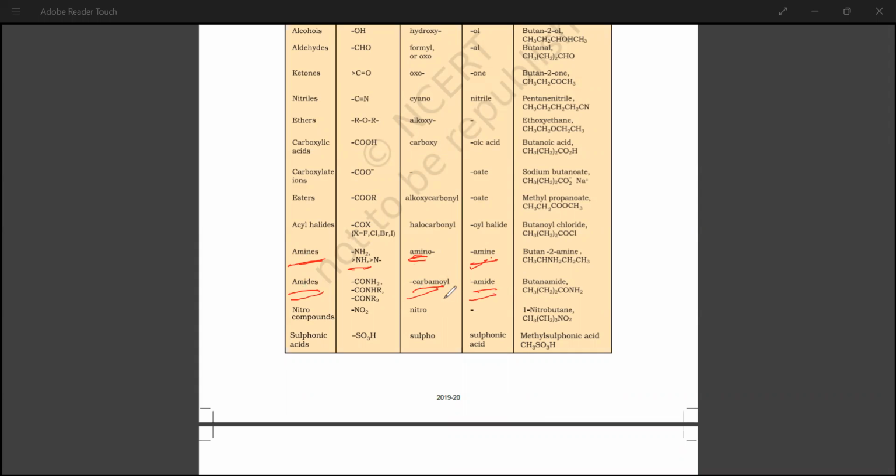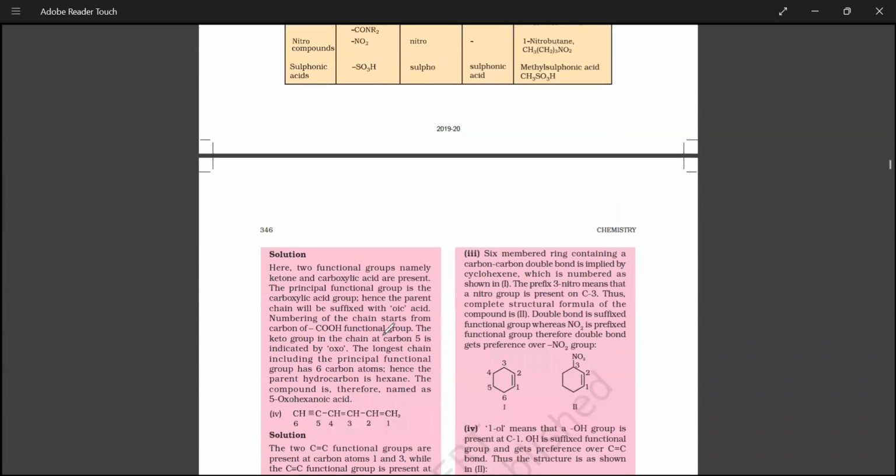And for nitro compounds, that is NO2, the prefix will be nitro and there will not be any suffix. For sulfonic acid, the prefix will be sulfo and the suffix will be sulfonic acid, and sulfonic acids are SO3H. Now see, all this related to these different functional groups is over.